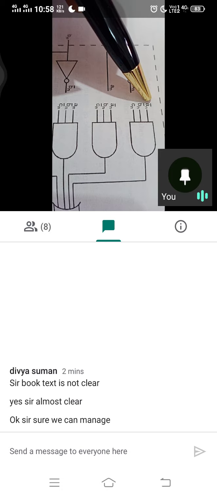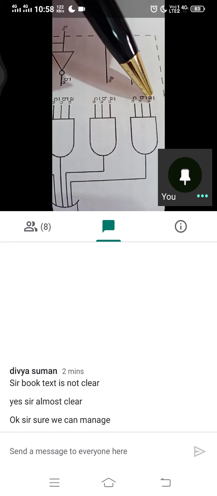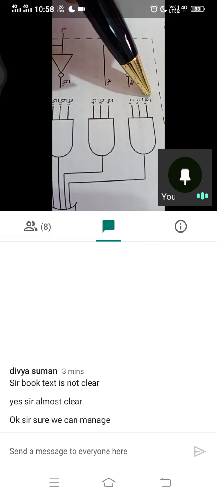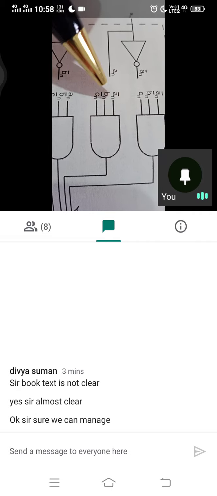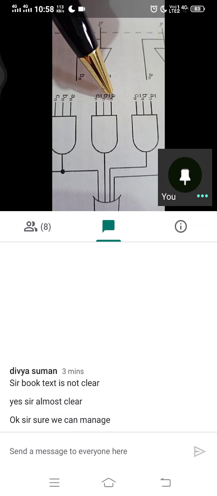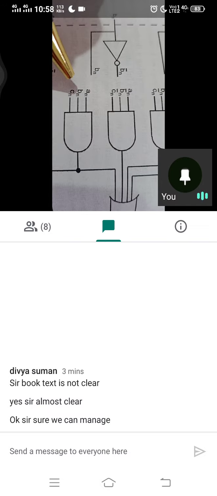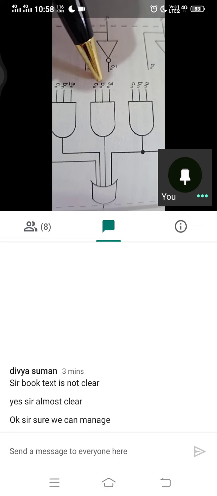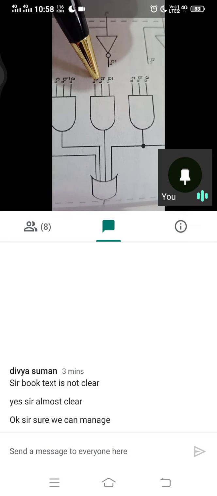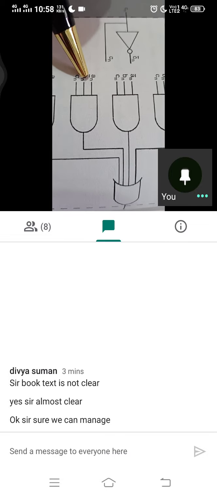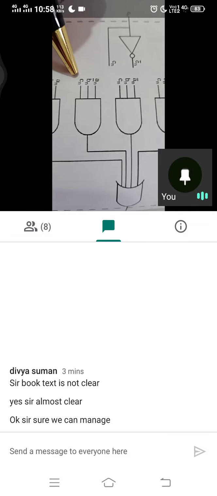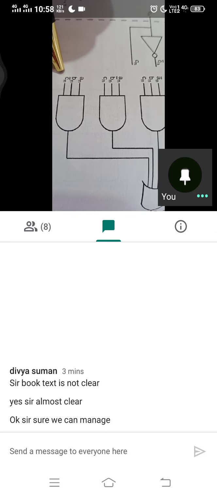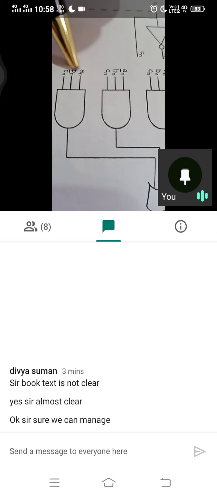According to the truth table, you will see the labels. We don't go for 0, 0, 0. Apart from that, we go for everything else: 0, 0, 1, 0, 1, 0, 1, 0, 0, 1, 1, 1, 0, 1, 1, 1, 0, 1, 1, 1, 1, 1, 1, 0.